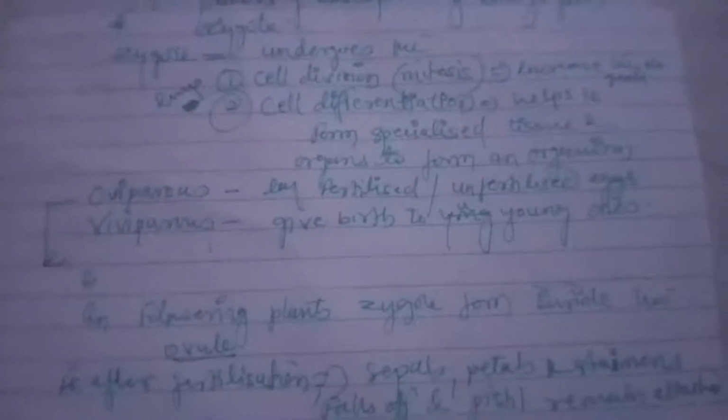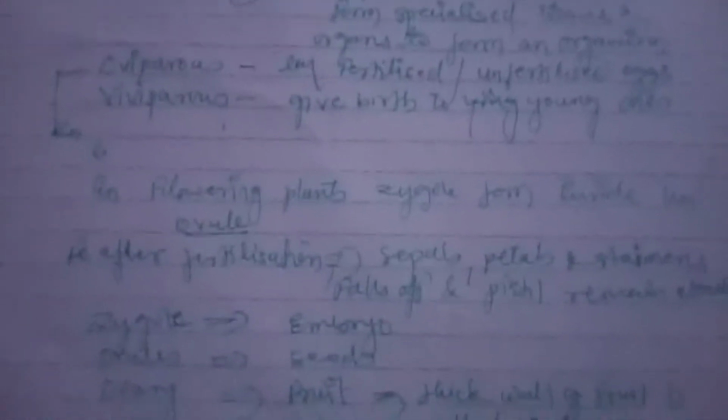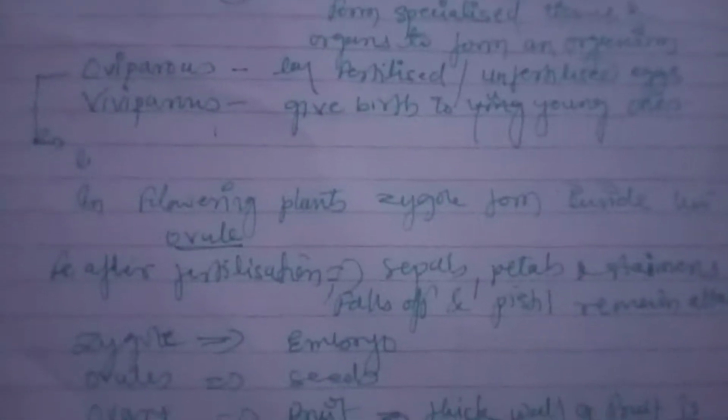Now, when we discuss these things in a flowering plant, the zygote in a flowering plant forms inside the ovule.